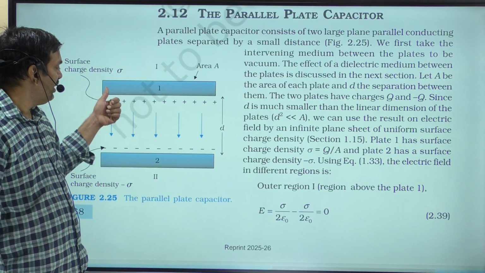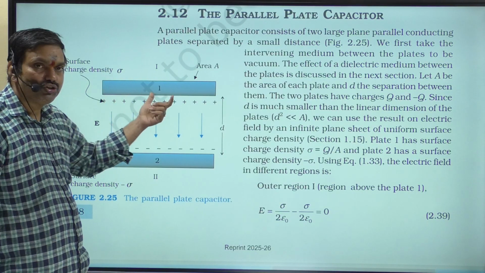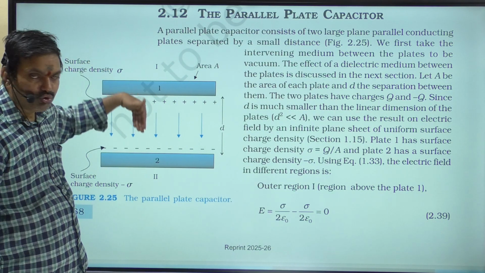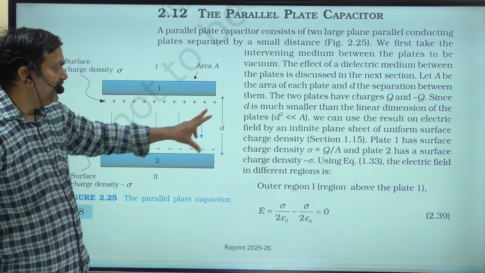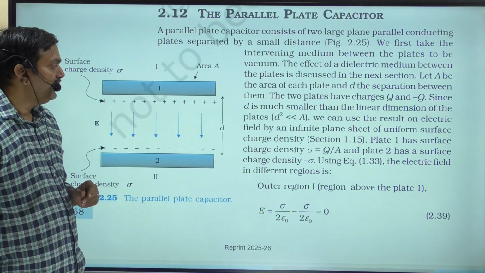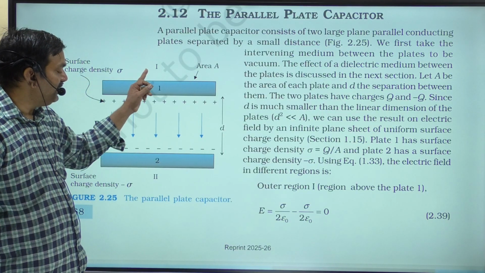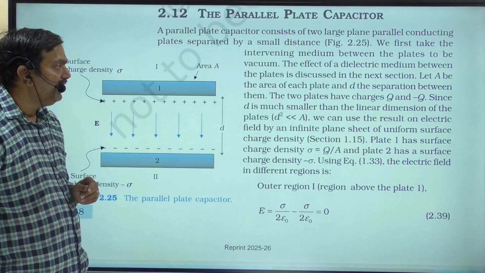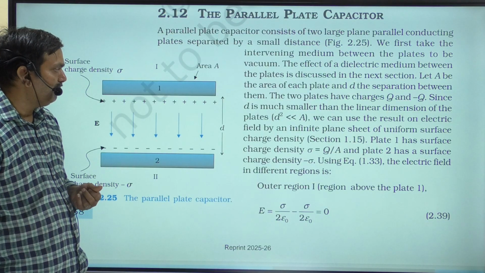The direction of the field is obviously from positive charge to negative charge, so E is oriented in this direction. Let the distance between the two plates be d. For the three regions 1, 2 and 3, we are going to calculate the net electric field, and then we will get the expression for the capacitance of a parallel plate capacitor.